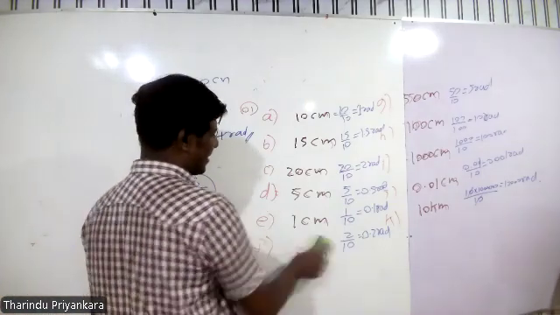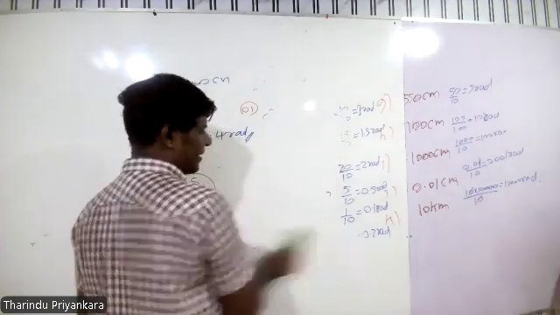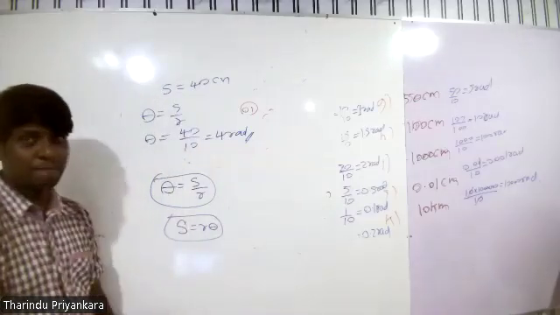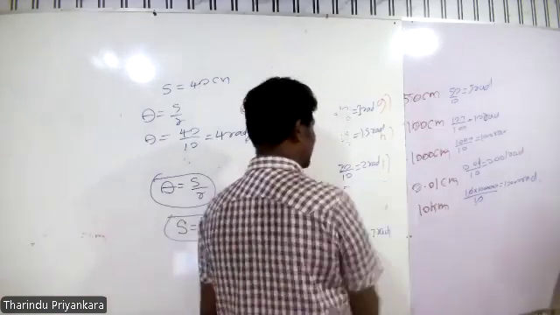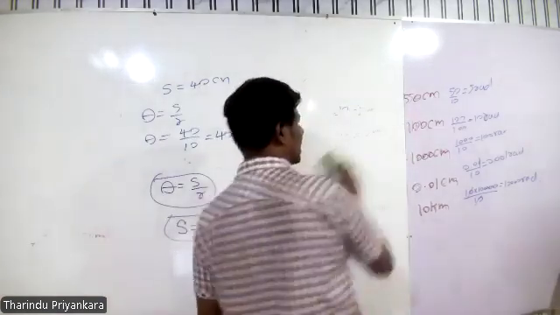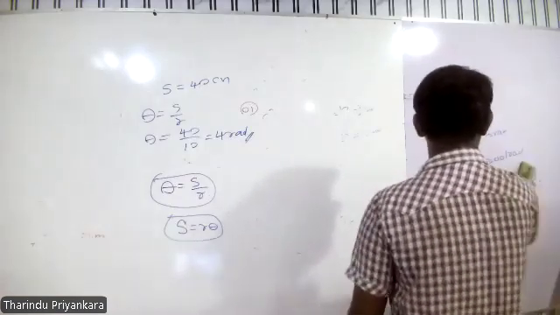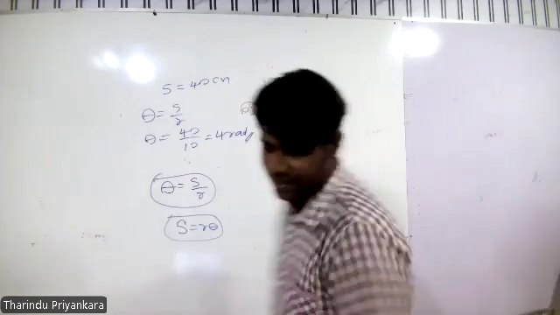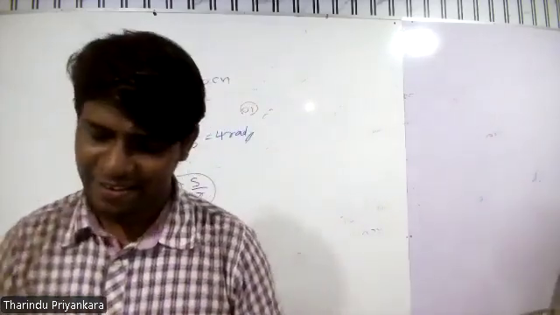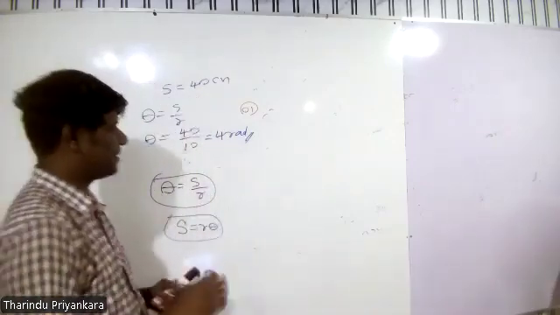Amazing. Now right, convert the following angles to arc length. If the radius is 10 centimeter, 10 centimeter.